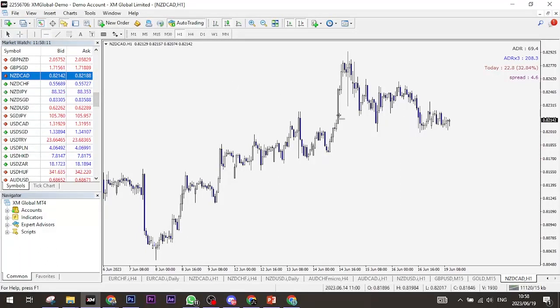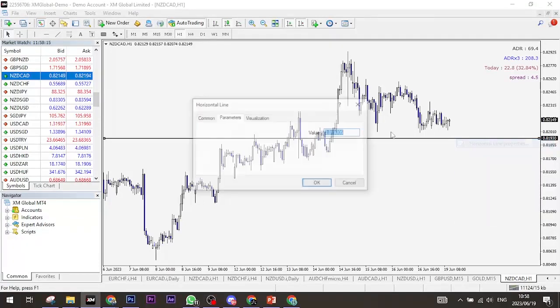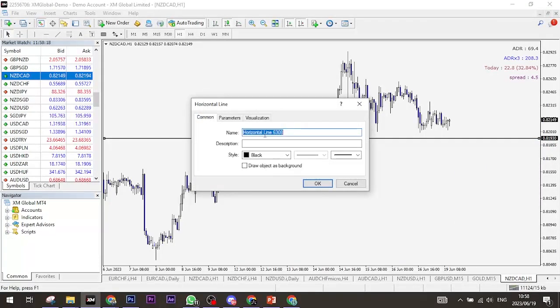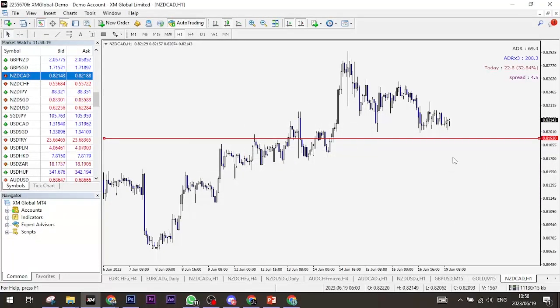So the first thing I'm gonna do is mark where I'm gonna put my stop loss. So I'm gonna change this line to red. Okay, this is the line where I'm gonna put my stop loss. So if price reaches this price here, which is 0.81930, then it means I'm gonna be taken out of this position, okay.